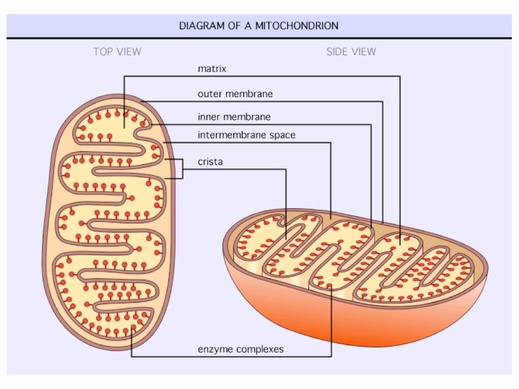So let's take a look at these in a little bit more detail. A mitochondria also has an outer membrane and an inner membrane, perhaps indicating that it was once free-living. In between the outer and the inner membrane is something called the intermembrane space. It's the space in between those two membranes.